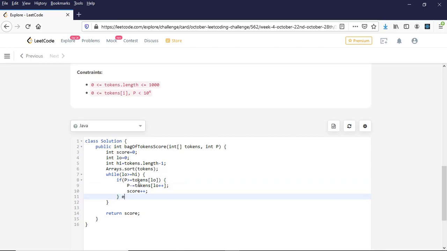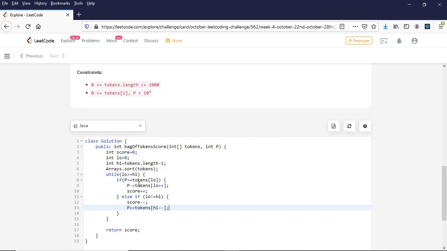Okay, else I need to trade this only if my low is not equal to high, right? Only in that case I can do score minus minus and p plus equal to tokens of high minus minus.